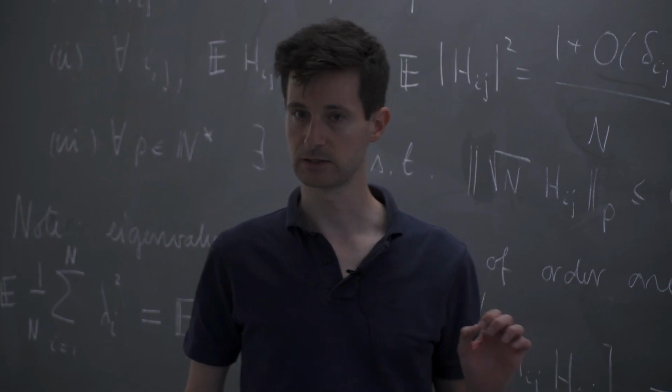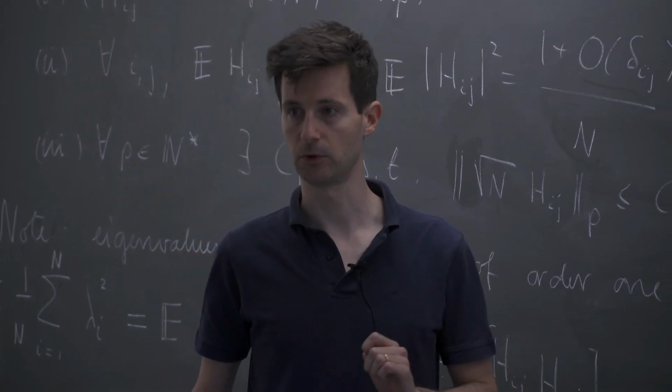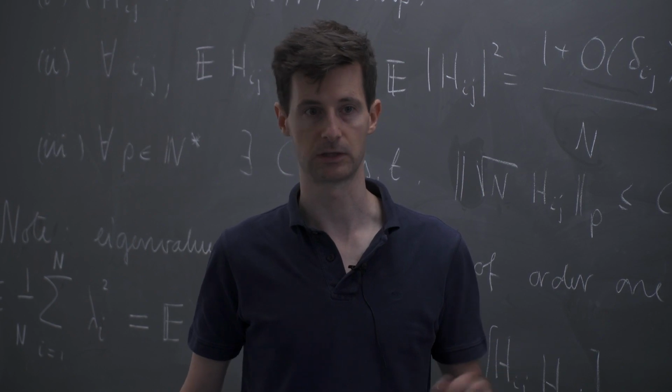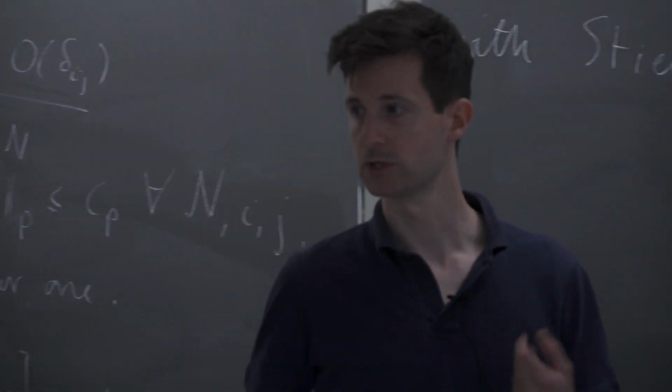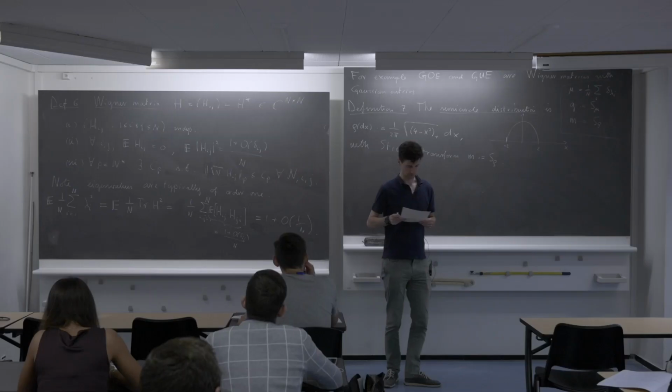And the fact that this sense is going to be very strong is extremely important for all of the applications we will discuss subsequently, including universality, distribution of eigenvalues on small scales, and information about eigenvectors.